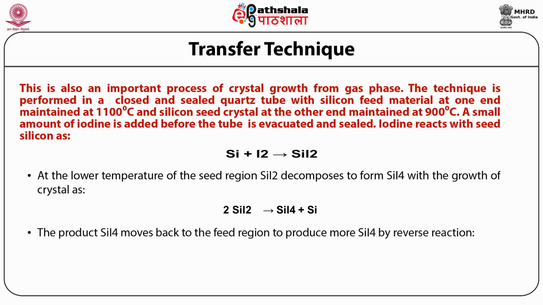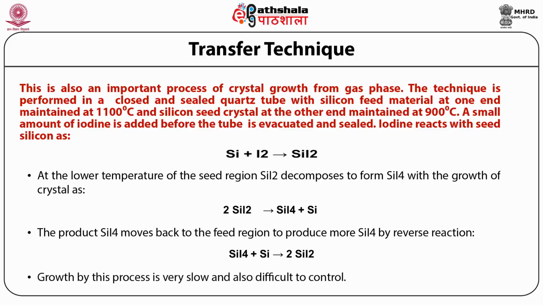The product SiI4 moves back to the feed region to produce more SiI2 by reverse reaction, that is SiI4 plus Si gives us 2SiI2. Growth by this process is very slow and also difficult to control.